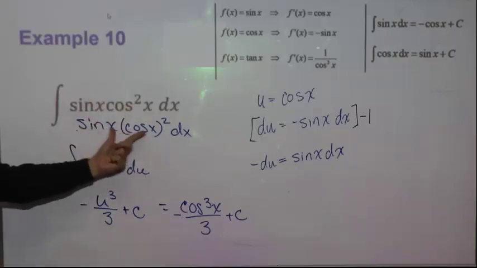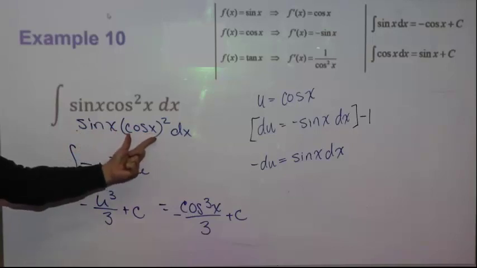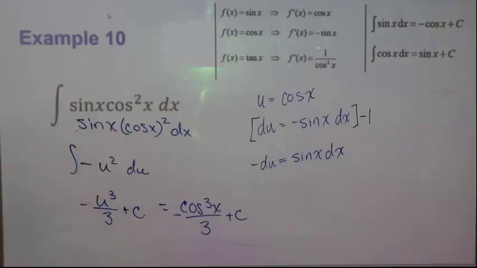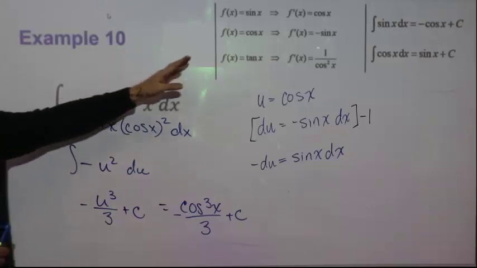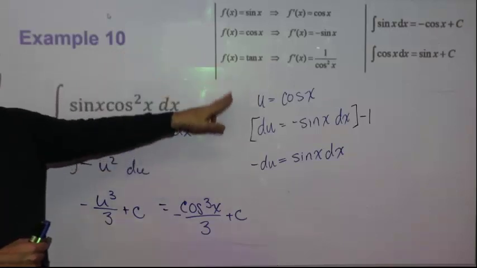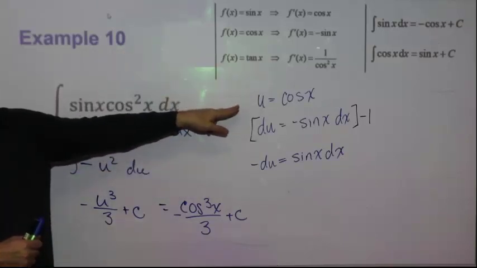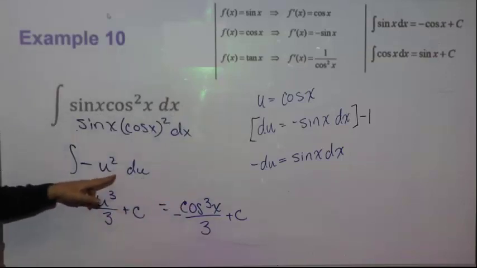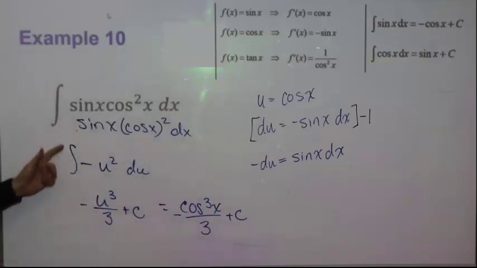The sine happens to be the derivative of the function. And we're thinking of substitution, where we're substituting and replacing our trig function just for u, coming up with a much nicer integral, something that we've done in the past before, and integrate and resubstitute.